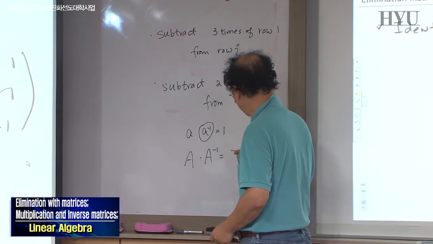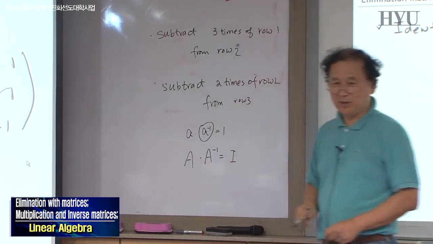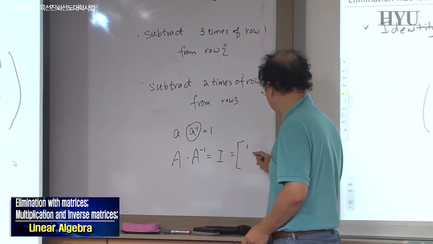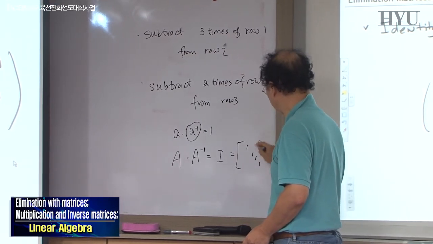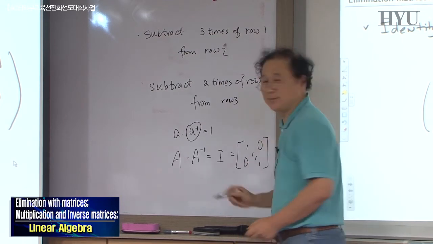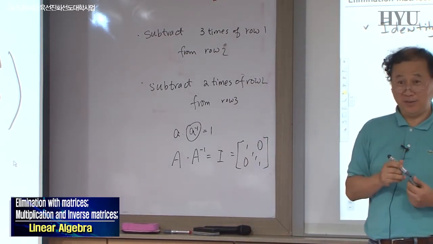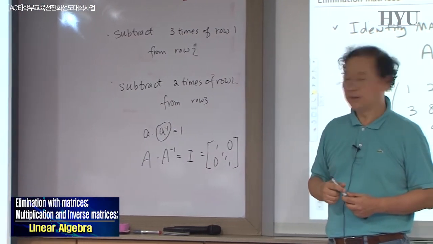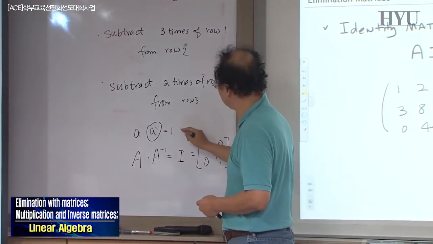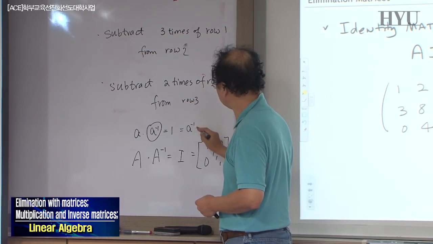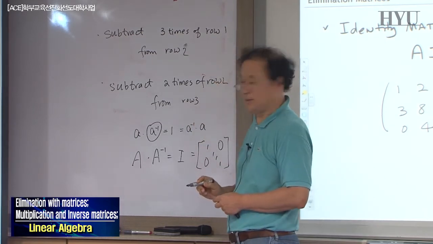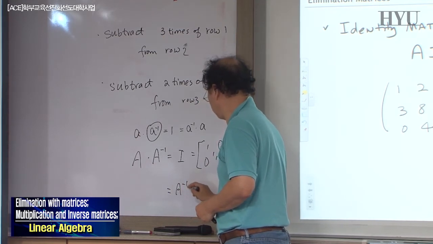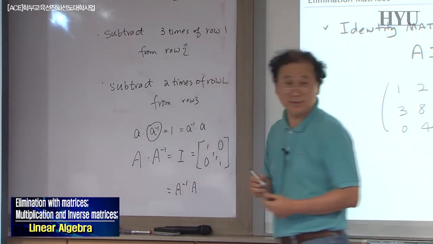Instead of 1, we have I. What's the representation of I? This is a matrix where all the diagonals are 1 and the rest are 0, for example a 4 by 4 matrix. So in that case it's all the same, also A.